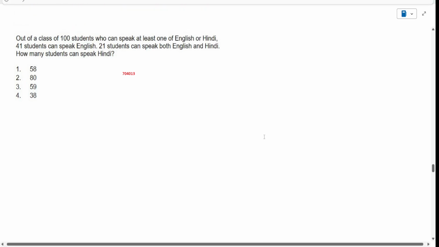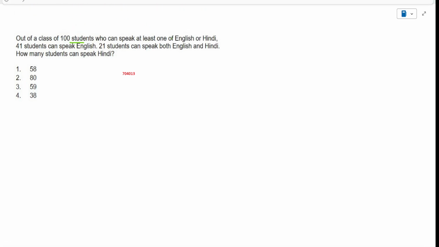Next question. In a class of 100 students, those who can speak at least one of Hindi or English, 41 students can speak English, 21 students can speak both Hindi and English. How many students can speak Hindi? So this is a basic question of Venn diagram.